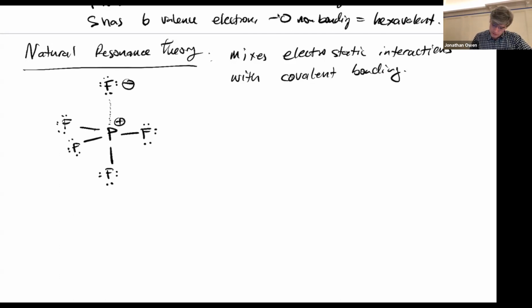The reason it's drawn like this is to say that the electron pair that was in that bond is now on the fluorine, and so you've ionized the phosphorus in a sense. We indicate that here with these formal charges.